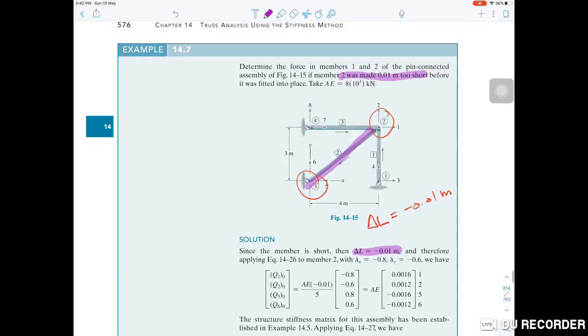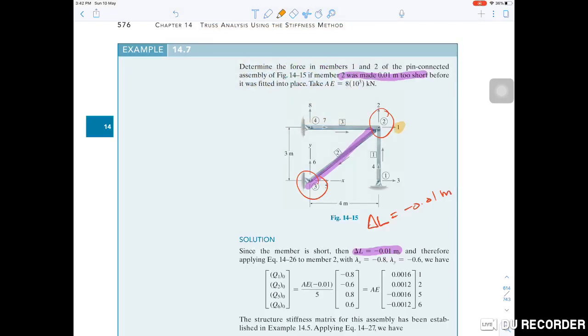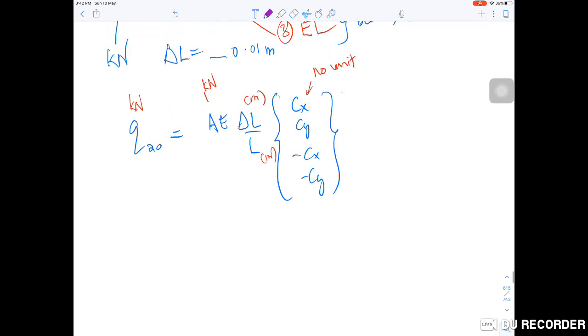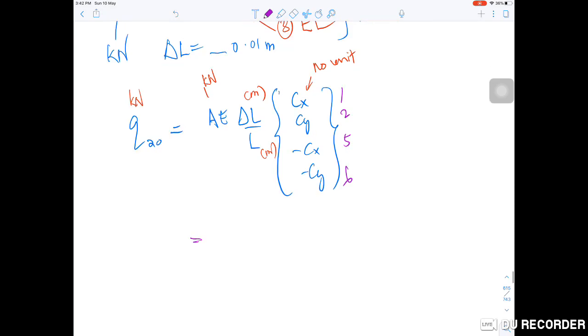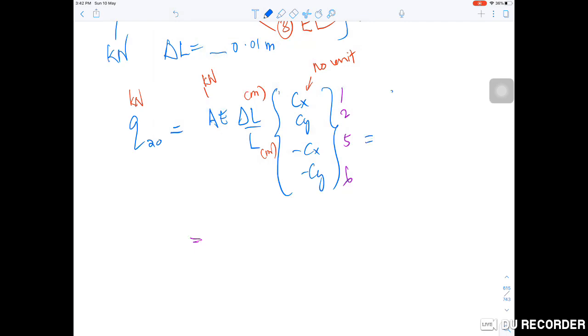It is 1, 2, 5, 6. So the most important thing here is 1, 2, 5, 6. So we will get 4 values.